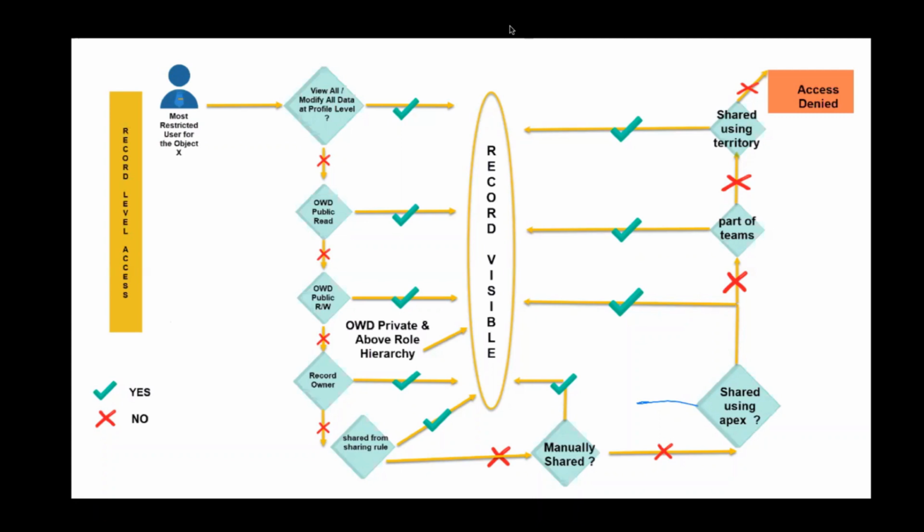As a best practice, it will always be private. I'll say make the OWD private, and then use the options that Salesforce provides to share a record. But suppose you know that a particular object should be visible to all the users. Suppose you have employee records in your Salesforce environment. Any employee can see the information of other employees.